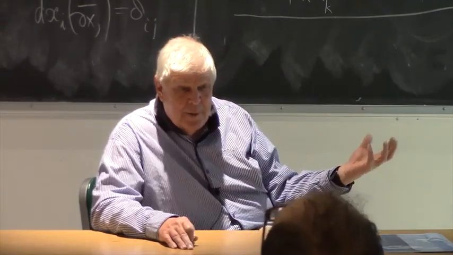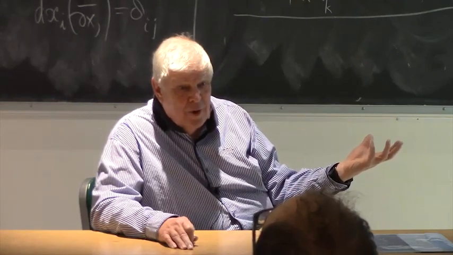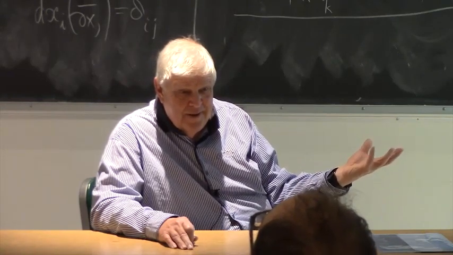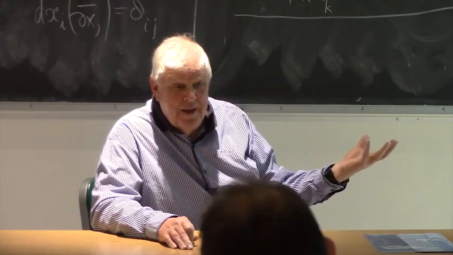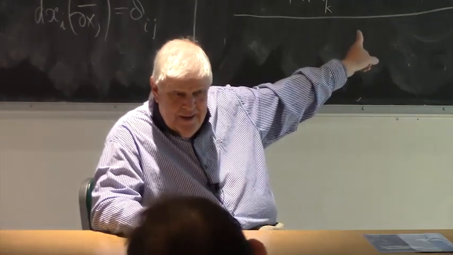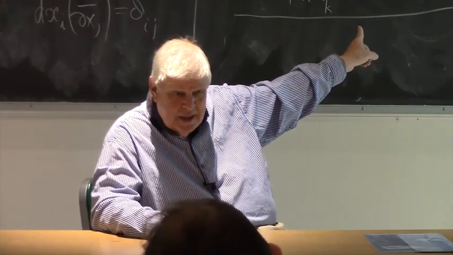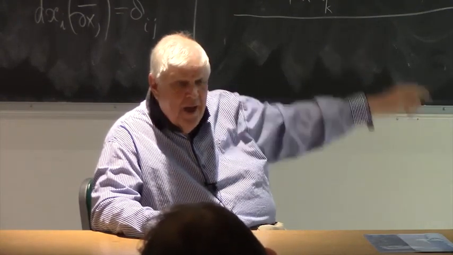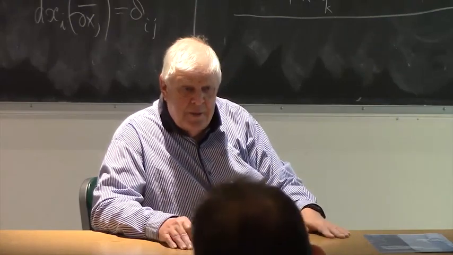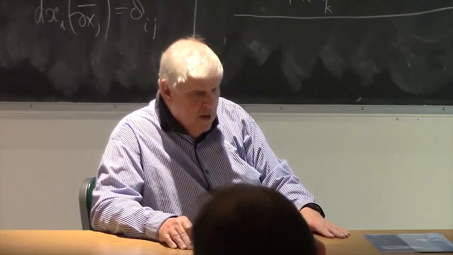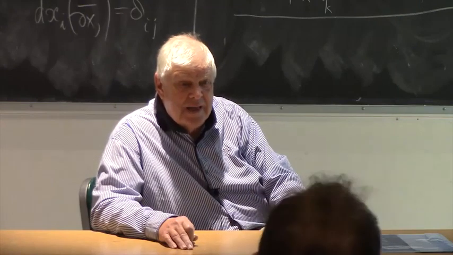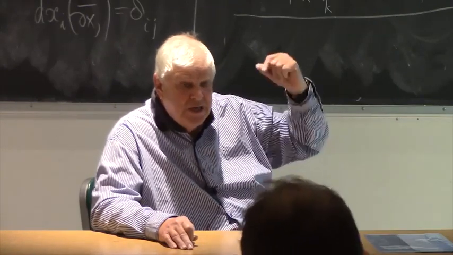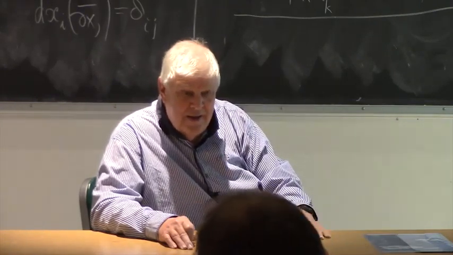Two functions, alpha 1 and alpha 2, that are more commonly denoted as p and q. P dx plus q dy. See it here. What is the differential form of degree 2 in the plane? Some function, you can denote as p or r, whatever, times dx wedge dy. Right?